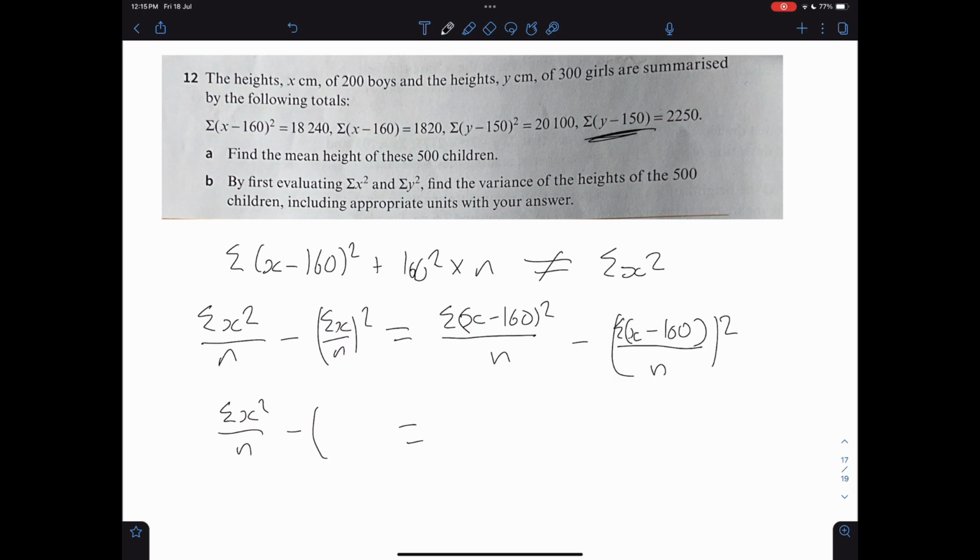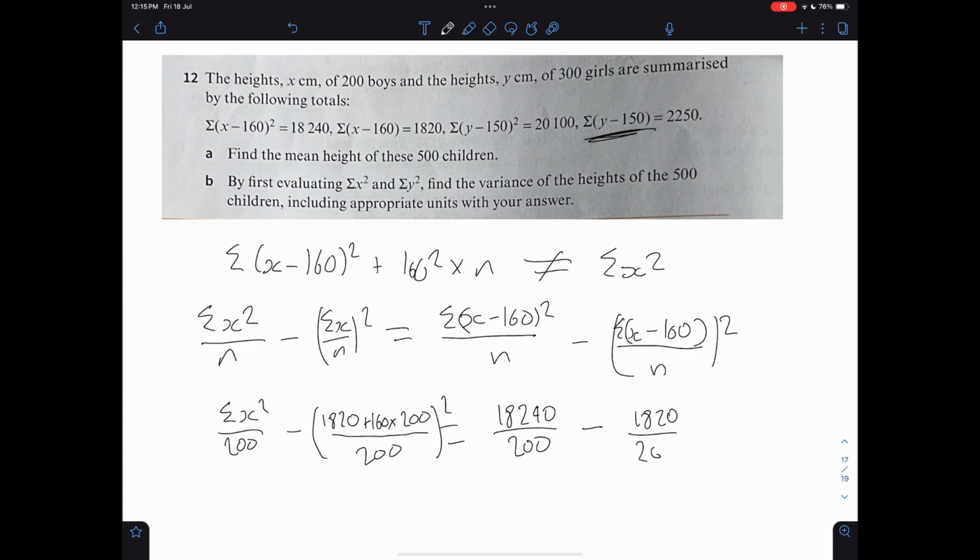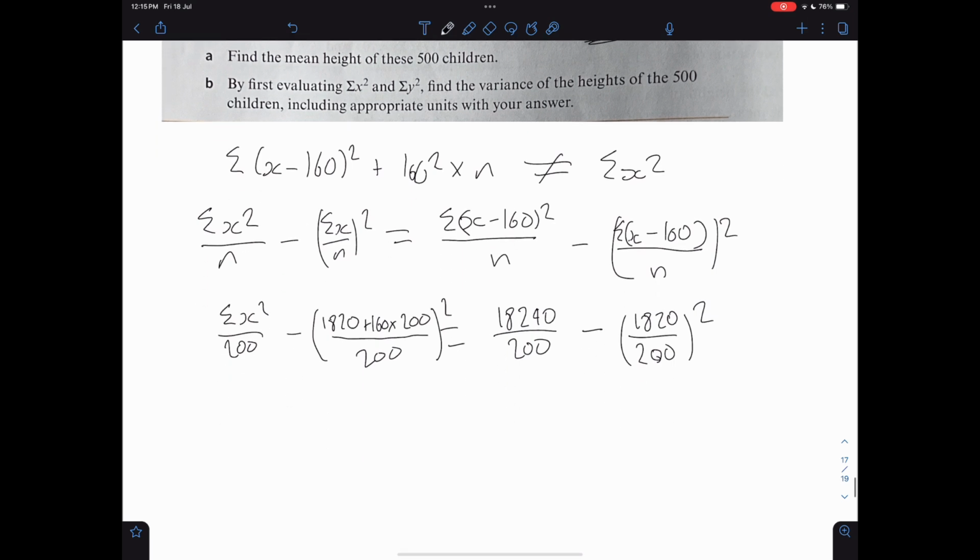Remember, the sum of x, we can figure that one out. It's going to be 1820 plus 160 times 200. And our n is 200. That's equal to 1240 over 200 minus (1820 over 200) squared.